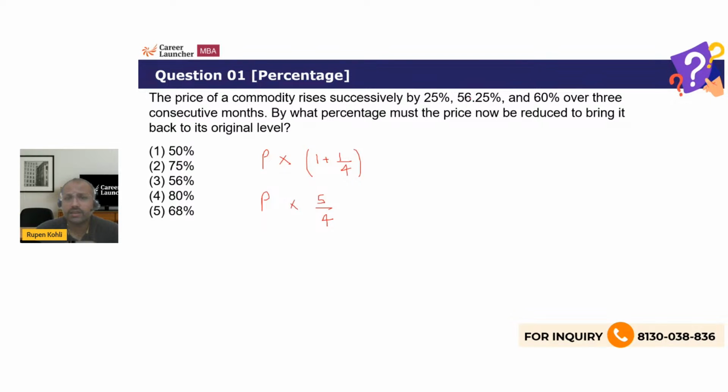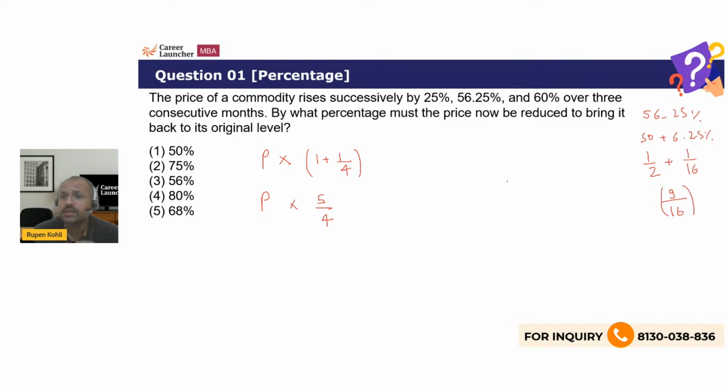And then it further increases by this percentage. So I need to find the fraction of this percentage. 56.25%, what fraction? Because the multiplying factor is 1 plus the fraction of the percentage, right? 56.25 is 50% plus 6.25, both of which are very standard fractions. 50% is half, 6.25% is 1 by 16. So half plus 1 by 16 is 8 plus 1 over 16, so 9 by 16.